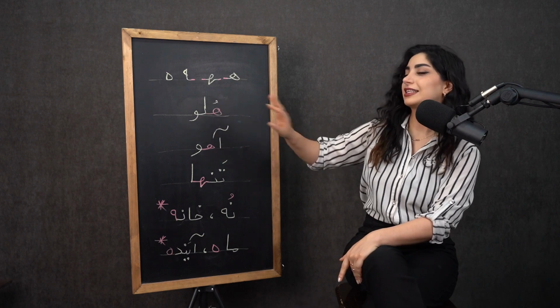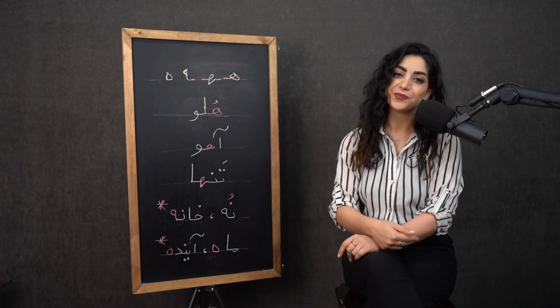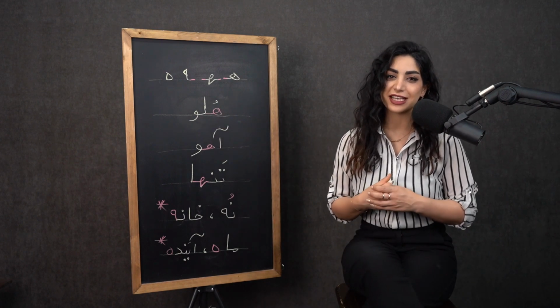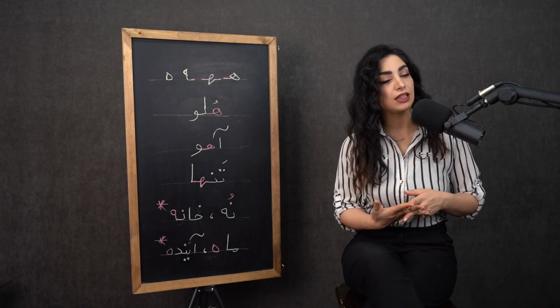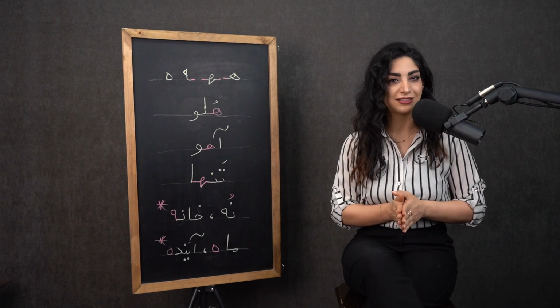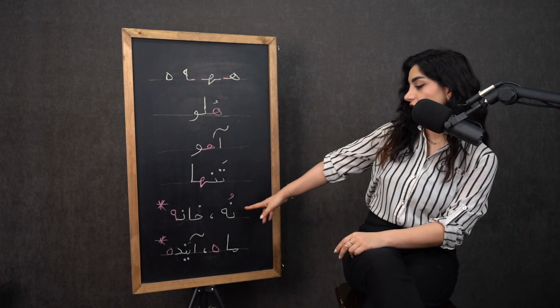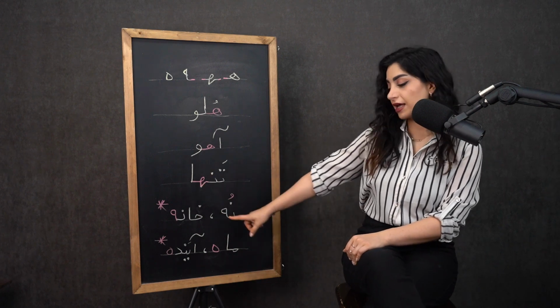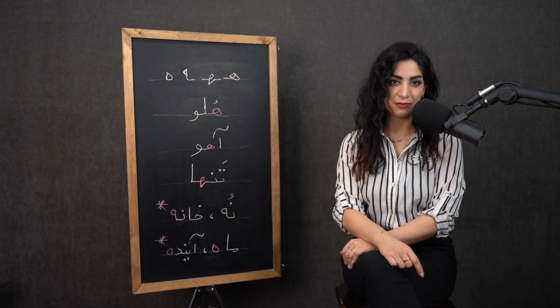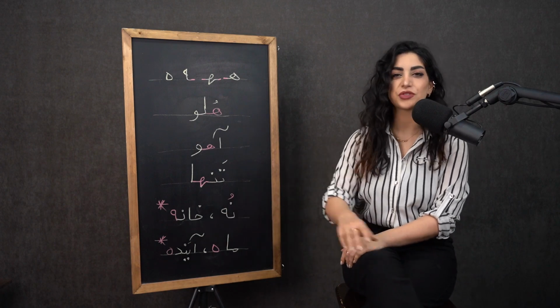And instead of saying peach, we say holu. Instead of saying deer, we say ahu. Instead of saying alone, we say tanha. Instead of saying 9, we say no. Instead of saying moon, we say ma. And what about those two?